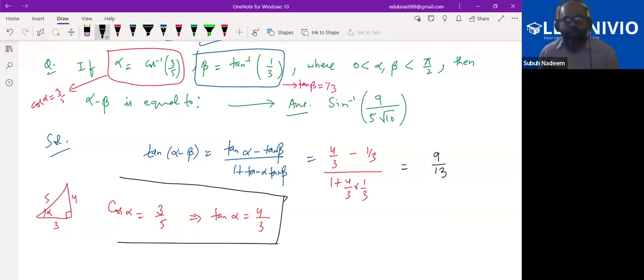It would become 9 by 13. If you simplify this, the numerator will become 1, the denominator will become 13 by 9. So the reciprocal will be 9 by 13. Now this is tan alpha minus beta.